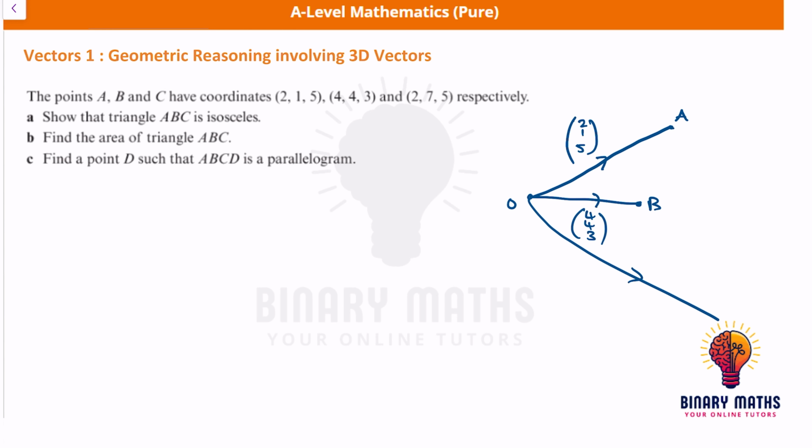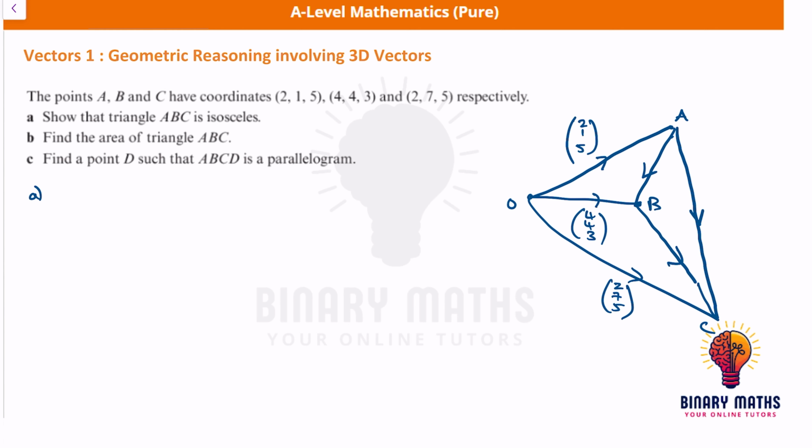And O to C is (2, 7, 5). So I need to show ABC is isosceles, so I need to work out the magnitude of A to B, and then B to C, and then A to C, and two of them must be the same for it to be isosceles.